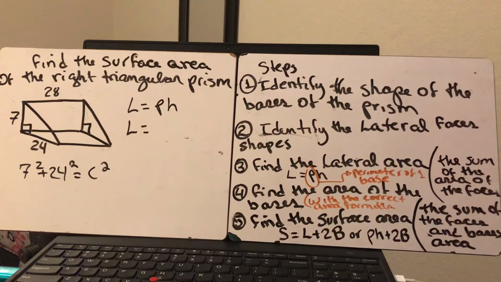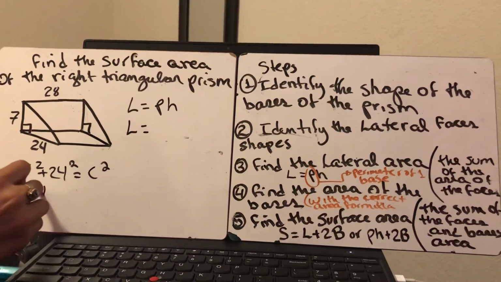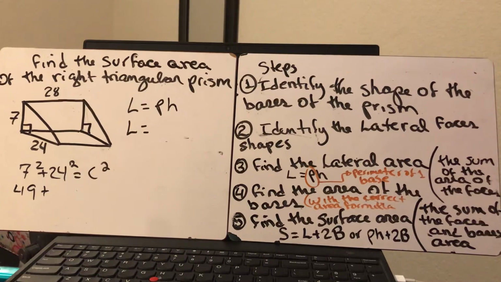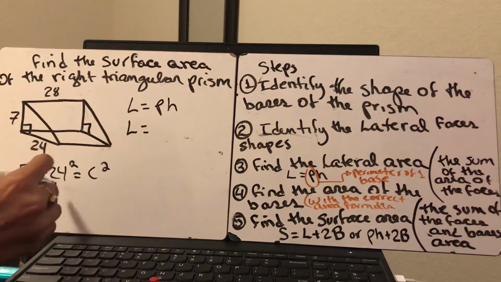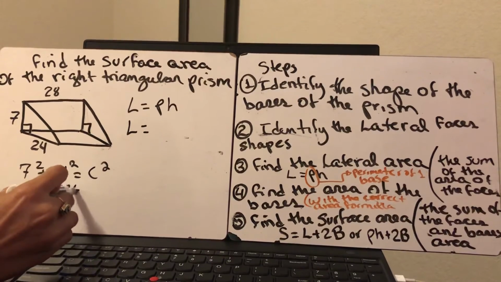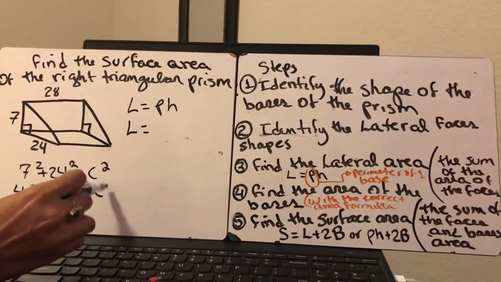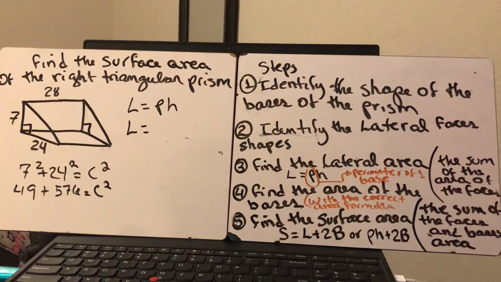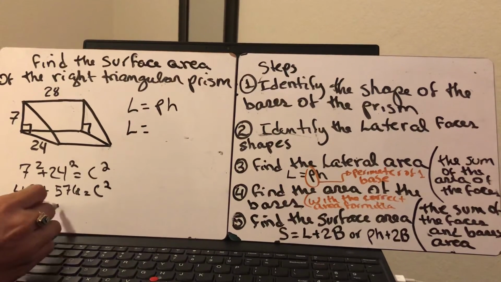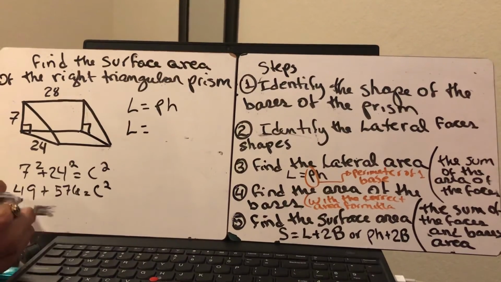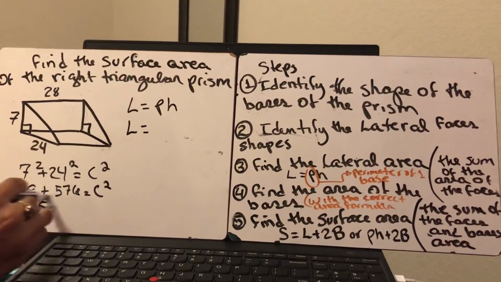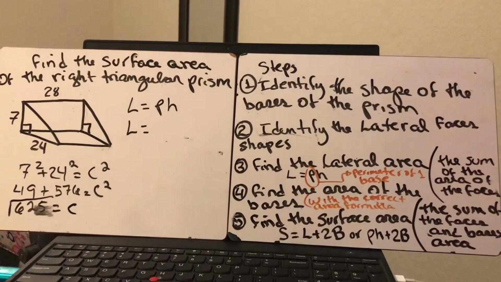I'm going to put all that in the calculator real quick. 7 times 7 is 49, plus 24 times 24, 576. c squared is 576 plus 49, 625, and then the square root of that to find c. The square root of 625 is going to be 25. So c is 25.